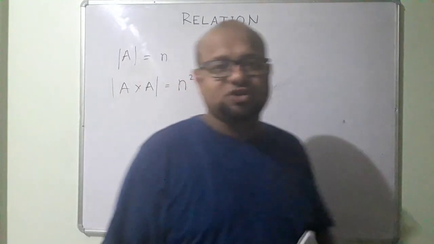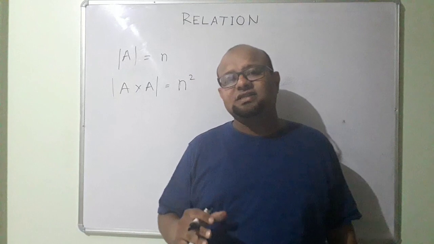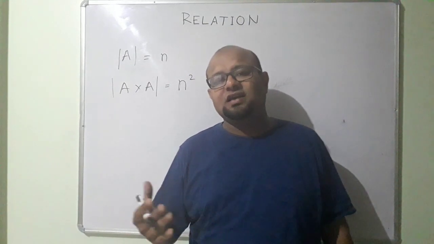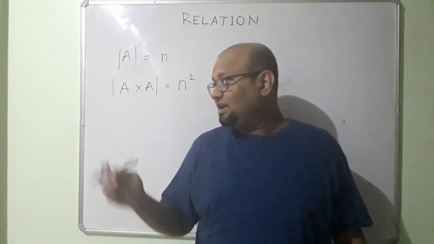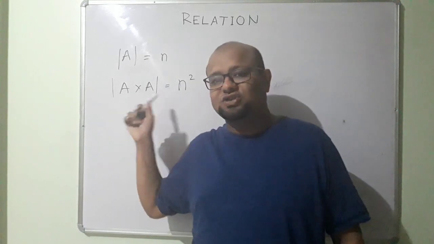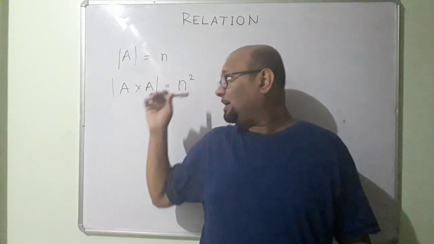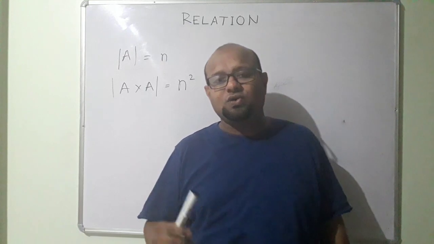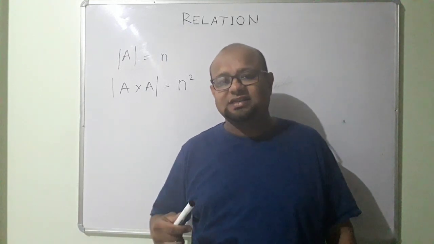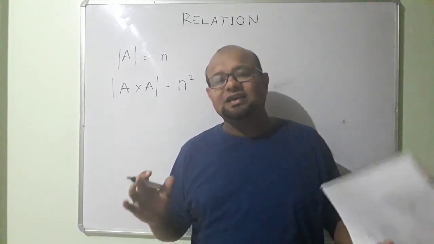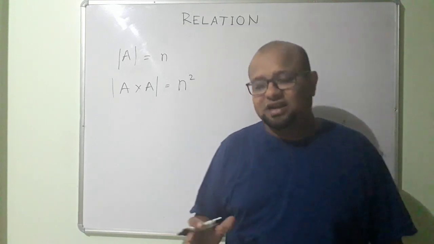So how many relations are possible? Relations is how many subsets are possible of this set A cross A. A cross A has n square elements. We know that the number of subsets is the cardinality of the power set. Alright.